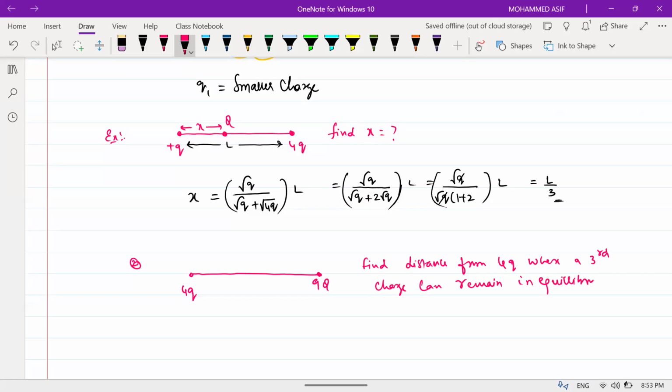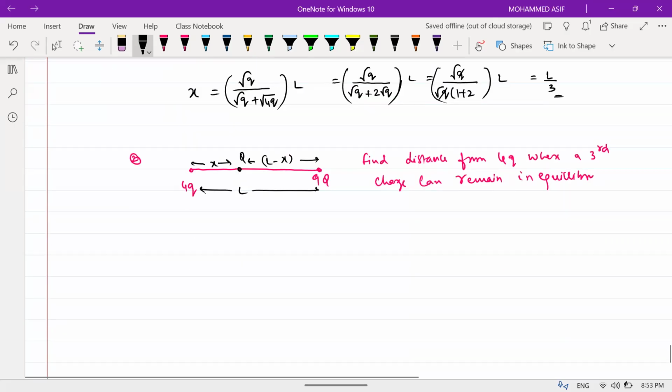Tell me, what is the x distance? Total distance is not given. I'm taking it as L. So this will be x, and the other one will be L minus x. So use the above formula and tell me the answer fast. 1 second, sir. Yeah, go.